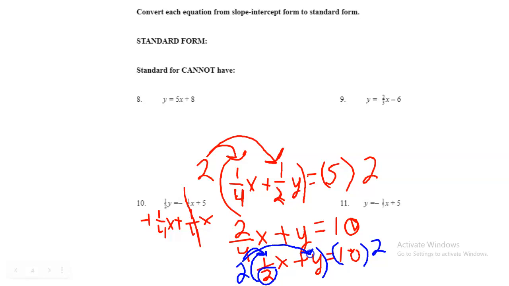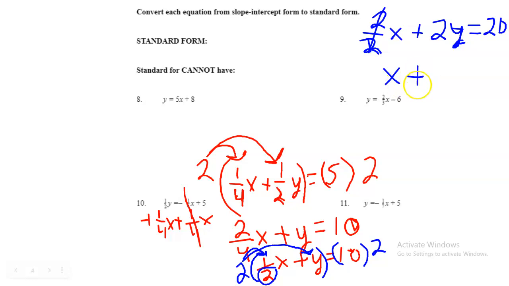Man, it's getting messy. Sorry. So then I got 2 over 2 x plus 2y. That's supposed to be a y. It's equal to 10 times 2, which is 20. If you notice, these reduce to 1. So I've got x plus 2y is equal to 20.